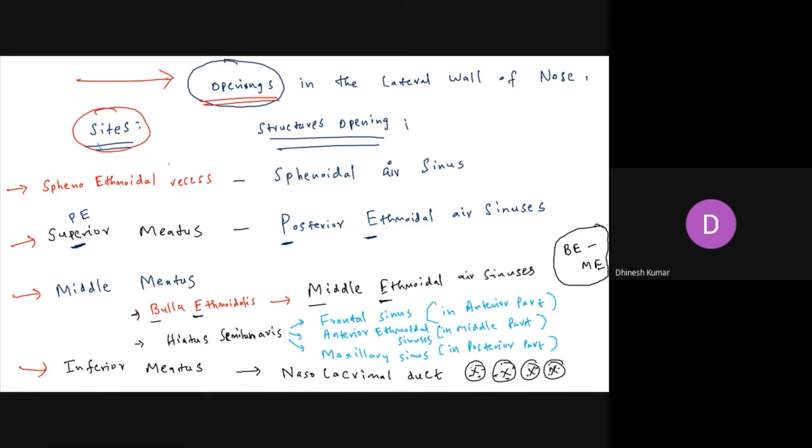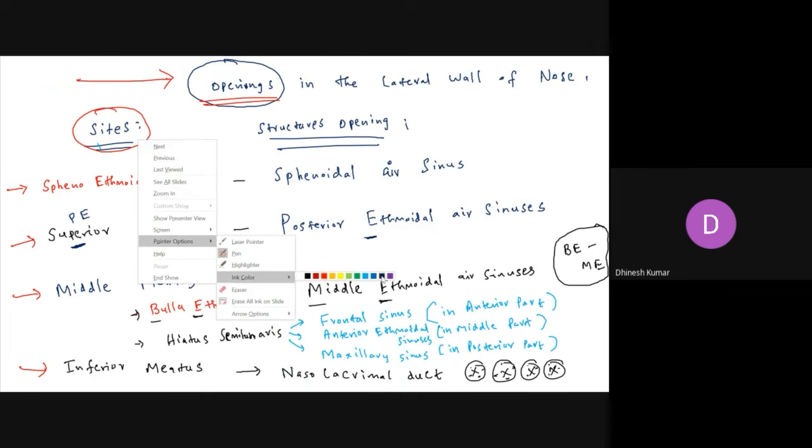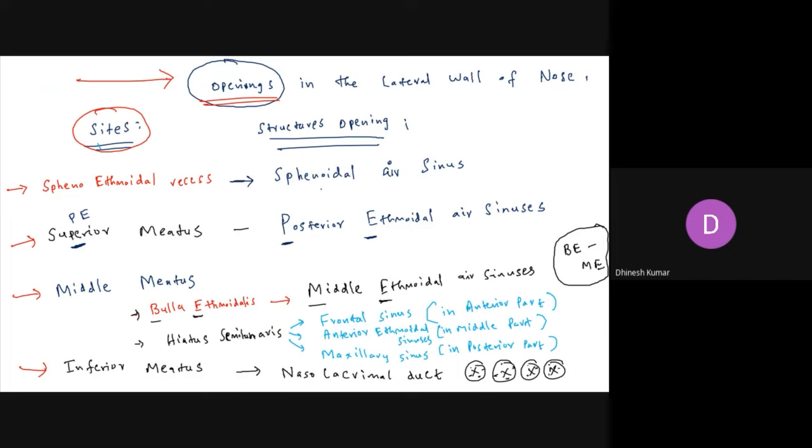The sphenoethmoidal recess, a depression just above the superior concha, receives the opening of the sphenoidal air sinuses. Remember, sphenoidal air sinuses open into the sphenoethmoidal recess. What about the superior meatus? In superior you have PE, isn't it? So you can easily remember the superior meatus is the site of opening of PE, the posterior ethmoidal air sinuses.